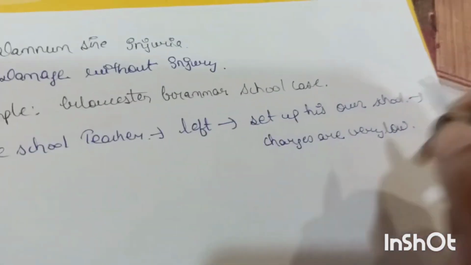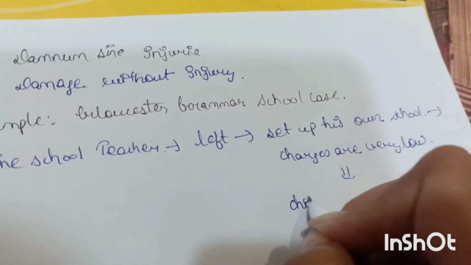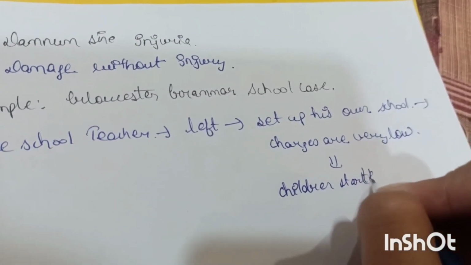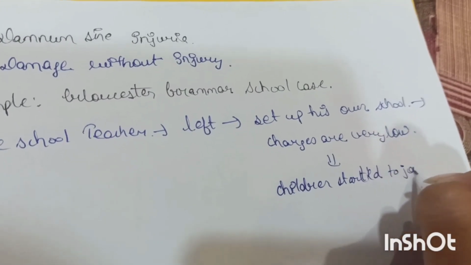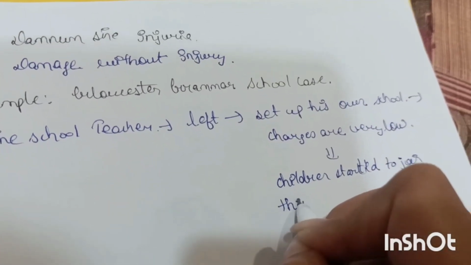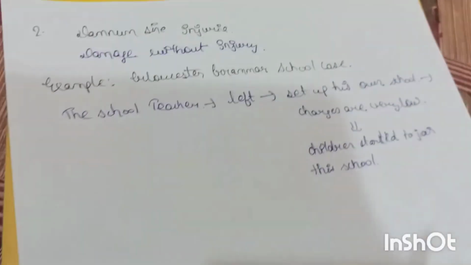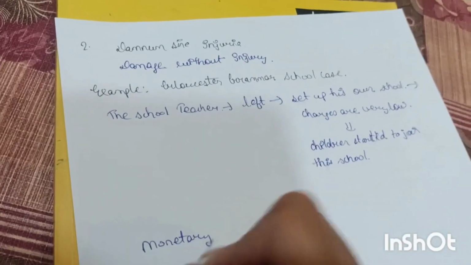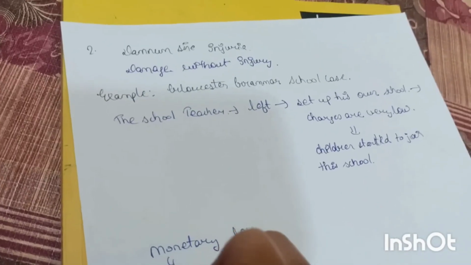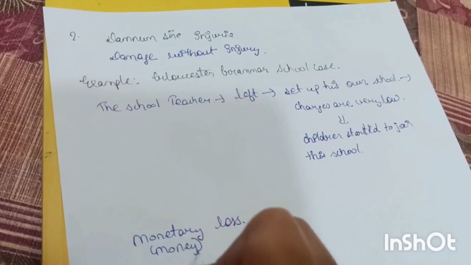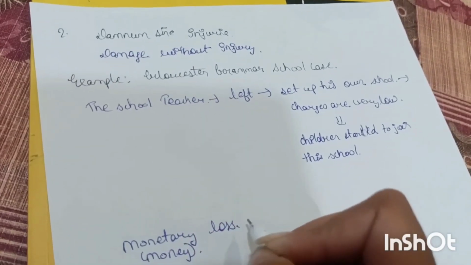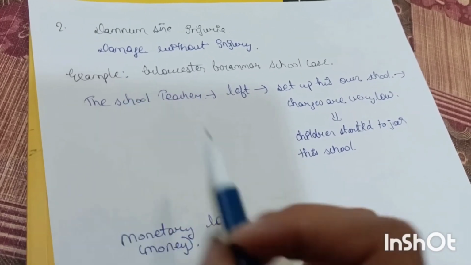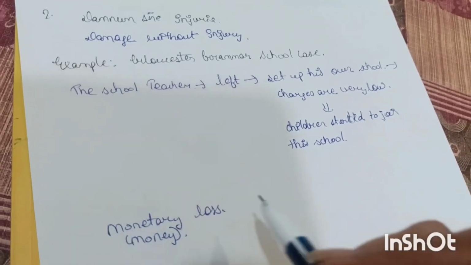So what happens is that the children started to join this school. So over here you can say that there was monetary loss. Monetary means money loss. Okay, and over here there is no legal injury, so over here there is damage. Okay, monetary loss, damage.